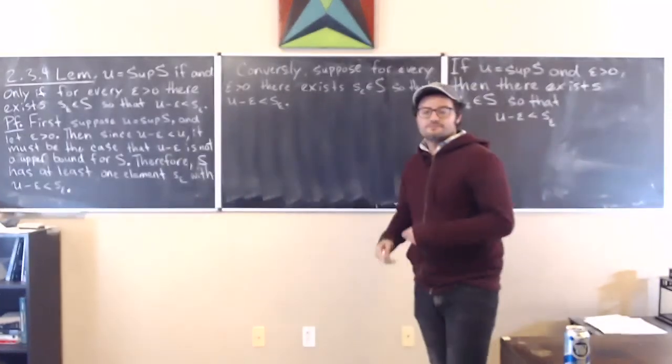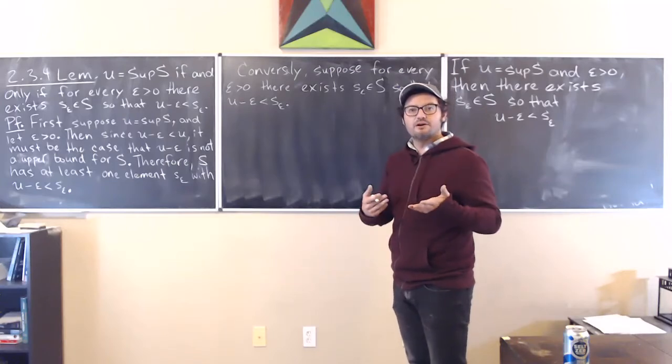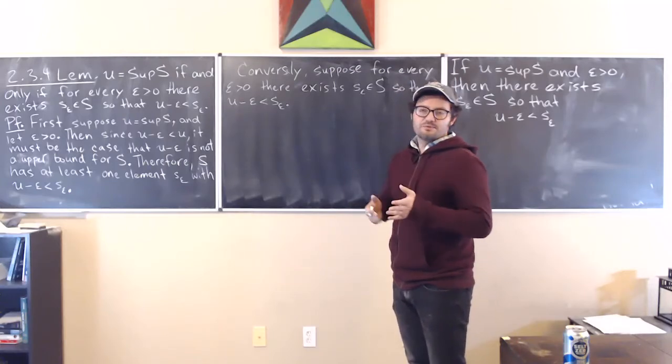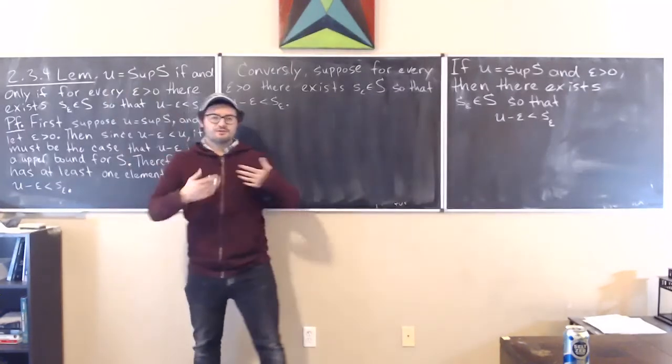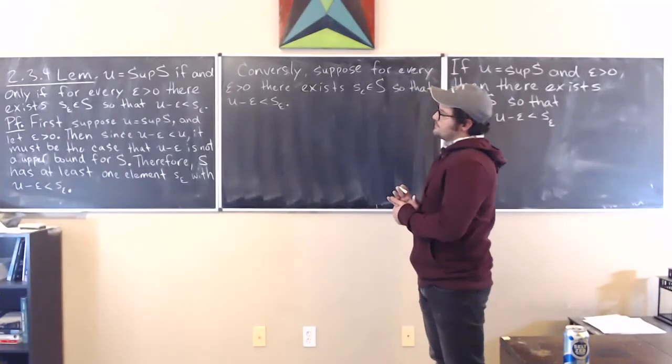Now, we want to show that U is a supremum, which means what? We want to show that any upper bound for the set S must be greater than or equal to U, because U is the least upper bound for S, right? So that's what we want to show.